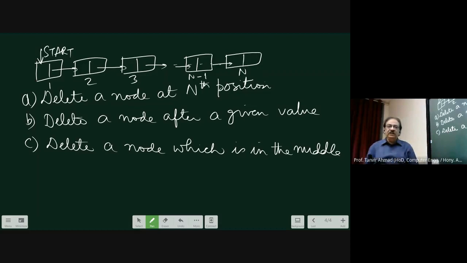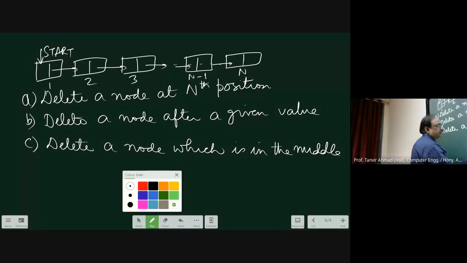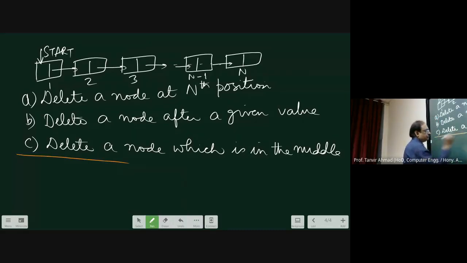And I want to delete the (n minus 1)th node. That means you have to perform n minus 1 minus 2 times. Therefore, what will you do? You just write the algorithm like this. Traverse, say, n minus 2 times.